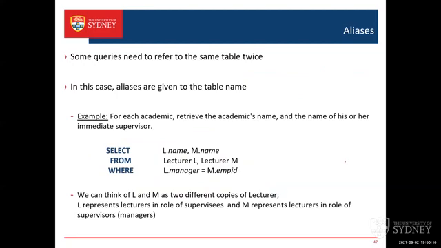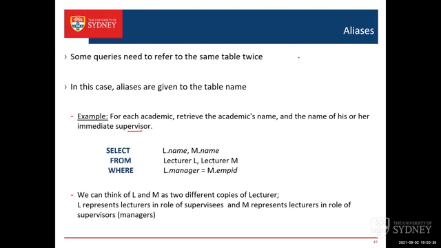Why do we have to rename? Another use of rename is that sometimes we might need to use the same table twice. You can see the same table, lecturer and lecturer. I'm trying to figure out a lecturer and his immediate supervisor, his manager. Who is this manager? So how many tables do I need? In the same table, I have that information.